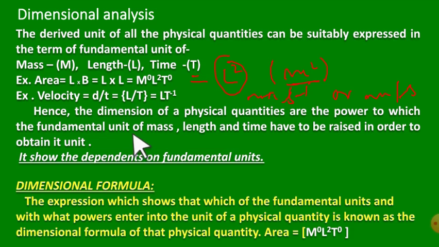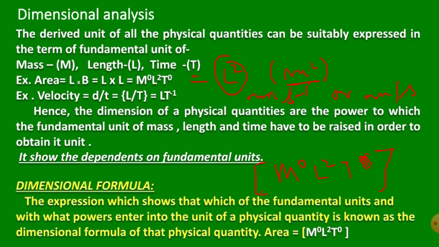If you want to express the dimensional formula for area, you need to write it like this: M to the power 0, L to the power 2, T to the power 0, and put it within the square bracket.